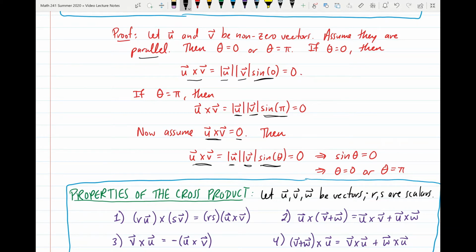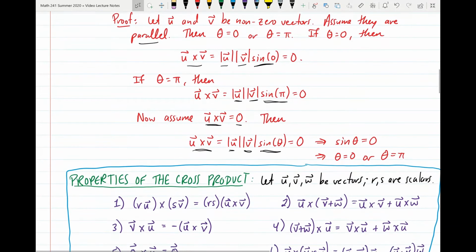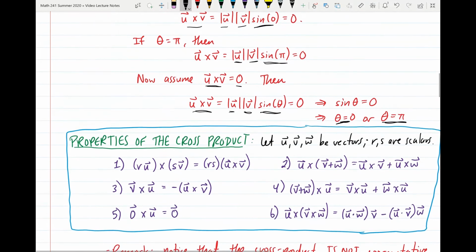The only values of theta for which sine of theta is equal to 0 are theta equals 0 and theta equals pi. So if the cross product of u and v is equal to 0, then the angle between u and v is either 0 or pi. And in either case, u and v will be parallel with one another.